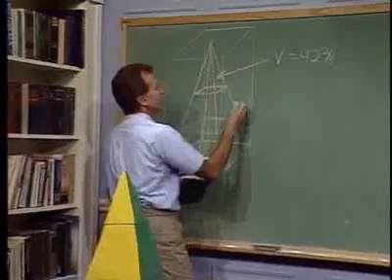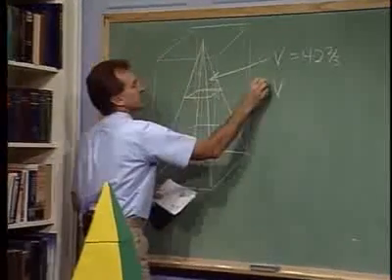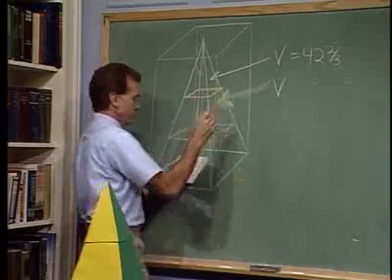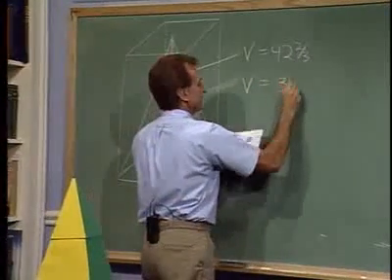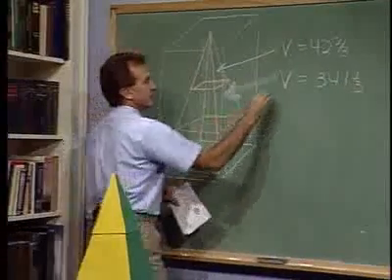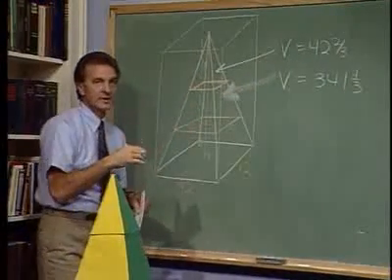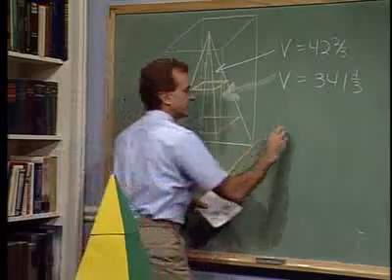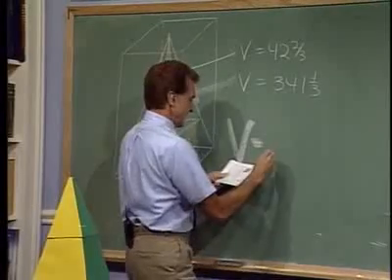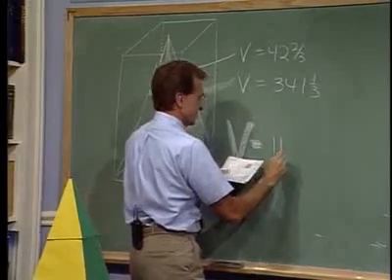The volume of the middle pyramid, from here to there, would be 341 1/3 cubic inches. The volume of the whole entire pyramid, the whole thing, that volume would be, let's see if I find it, 1,152.